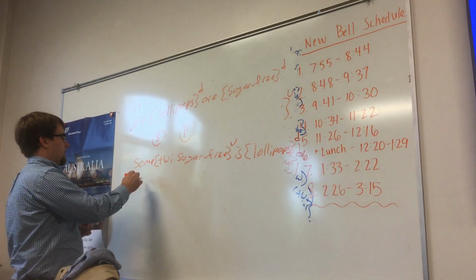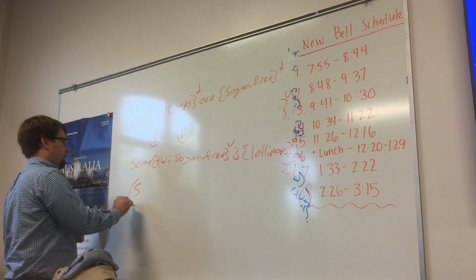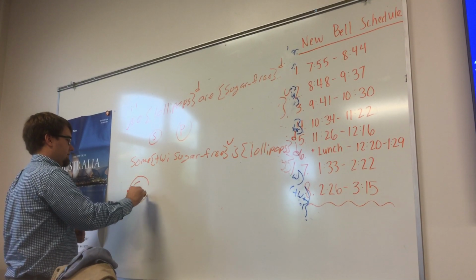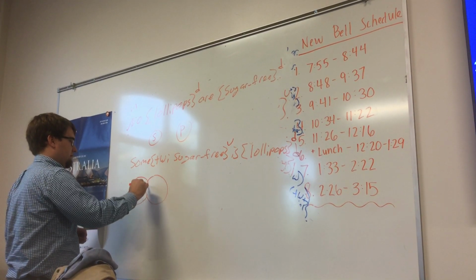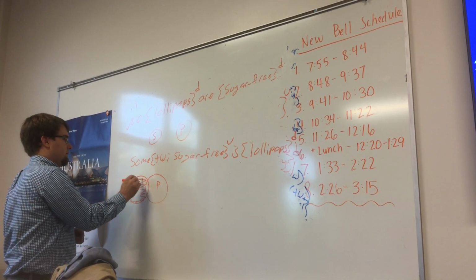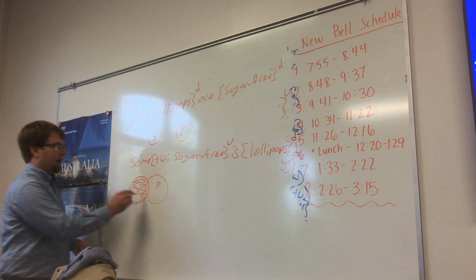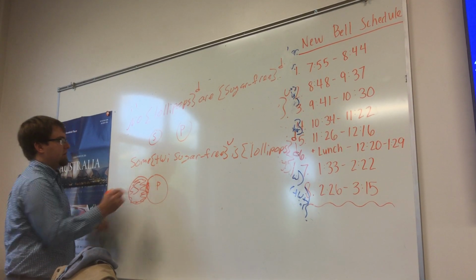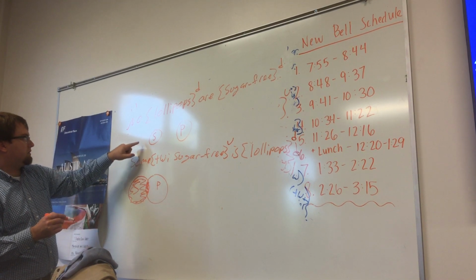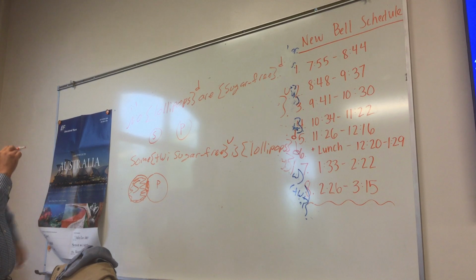Our diagram here is going to look like S and P. Some sugar-free things are lollipops. This one is implied. Right. It's not, is it? Did I do this right?